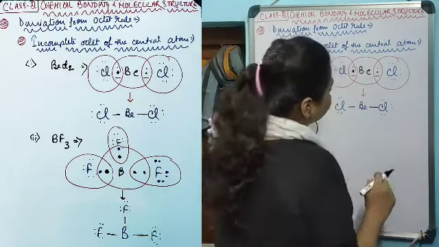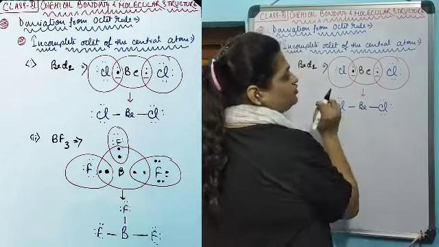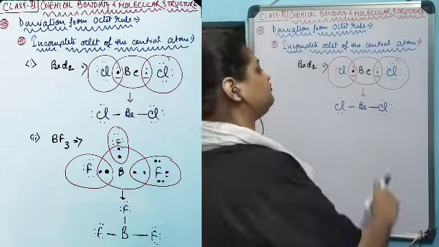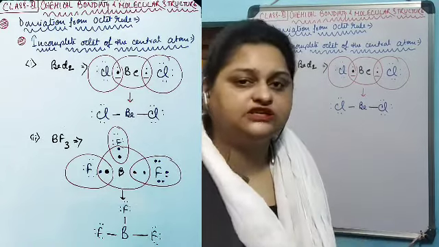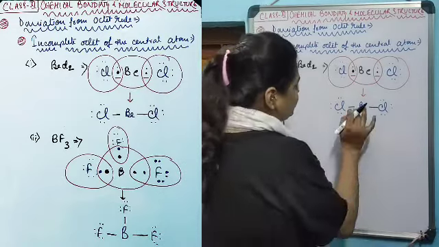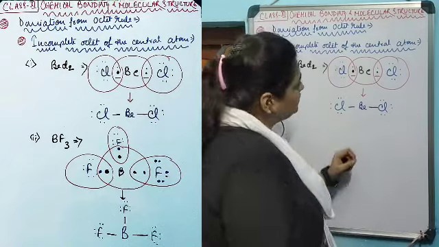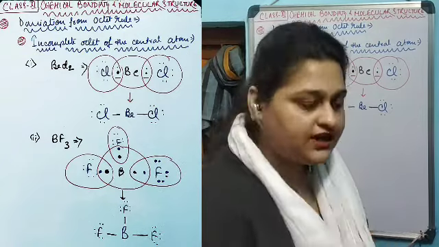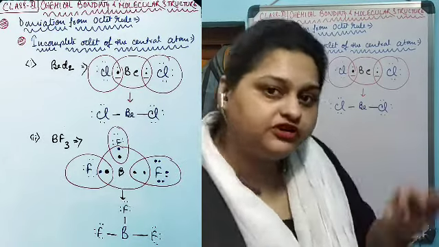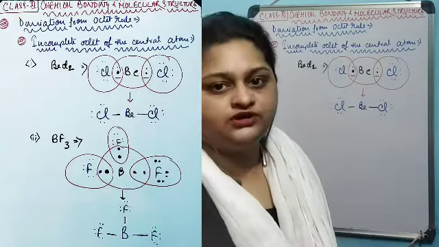But beryllium, the central atom of this compound, has only 4 electrons in its valence shell, even after the formation of this covalent compound. Thus, the central atom beryllium is violating the octet rule, as it does not possess 8 electrons in its valence shell after compound formation, yet this compound is quite stable on its own.